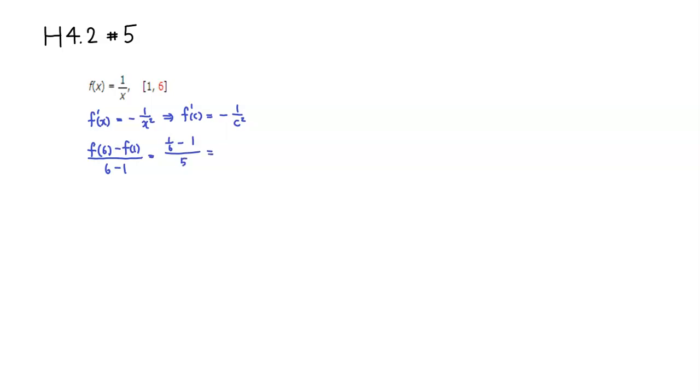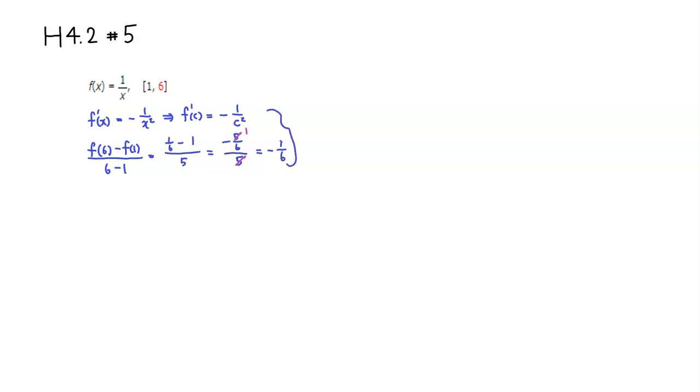So this is going to be 1 over 6 minus 1. 1 is 6 over 6, so it's negative 5 over 6, over 5. And luckily, we can cancel 5 and 5. It's going to give you negative 1 over 6. All right? So we want to set these equal to each other.